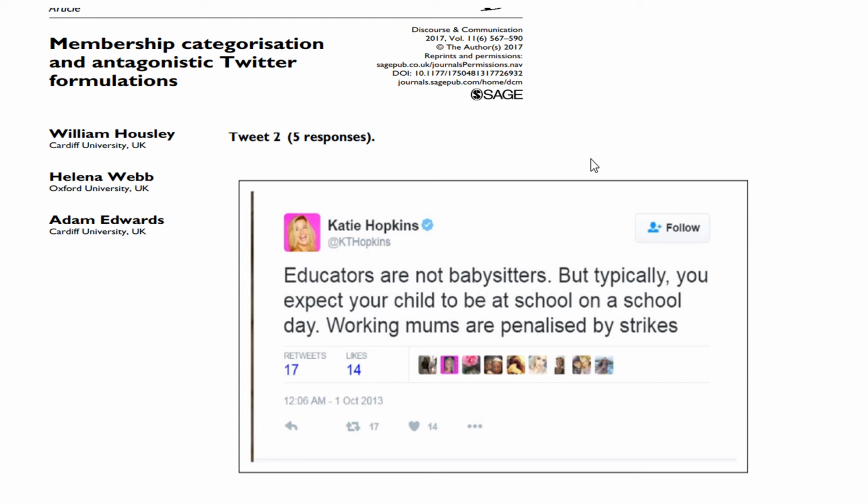And these categories are used to perform certain types of moral work. Here, the category educator or teacher is placed as being morally responsible for penalizing working moms who might be affected by the teachers' strike. So although she does not explicitly say that educators or teachers are causing trouble to working moms, this is the implied understanding or how this tweet can be read.